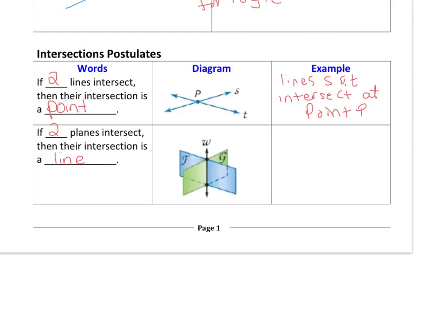Anytime two planes intersect, that intersection is a line, because both of those planes are going on infinitely in both directions, and so they are not intersecting at a point. It is a line. Here in our diagram, we have planes F and G intersecting at line W.